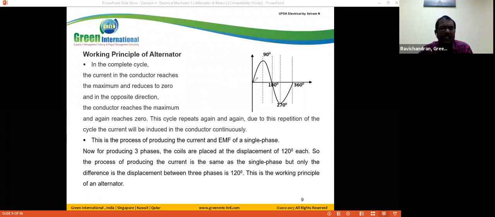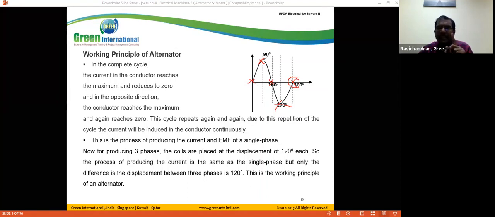So here the output of the alternator is a sinusoidal waveform. We have 4 different parts at 0 degree, 90 degree, 180 degree, 270 degree, and we have 5 points. The output voltage of the alternator at 0 degree is 0.